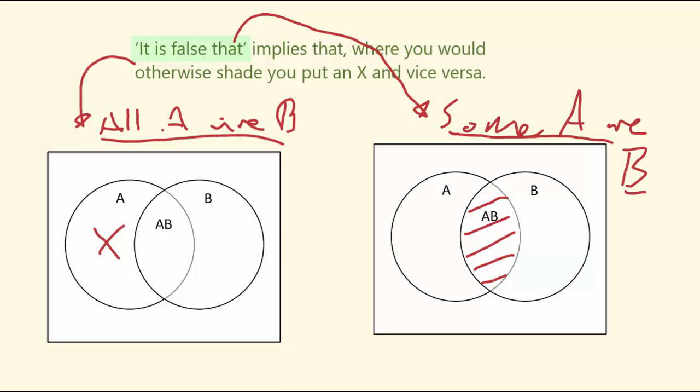So again, the main point is you first think about how you would diagram the categorical proposition without "it is false that" in front of it, without the denial of it. And then wherever you would shade, you would put an X. And wherever you would X, you would shade. You just do the other thing.